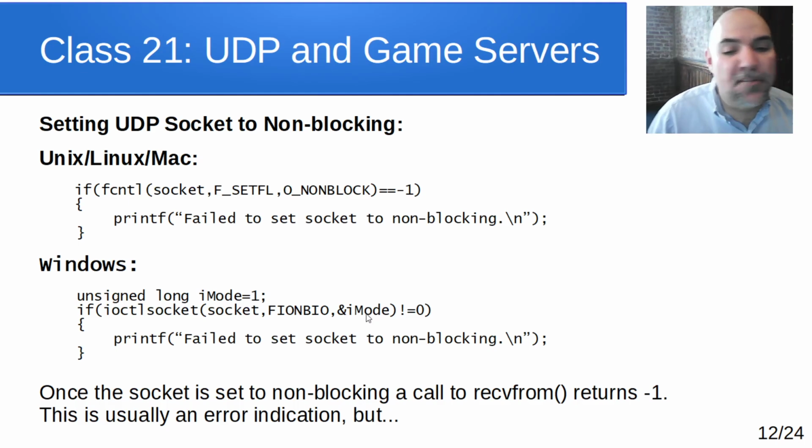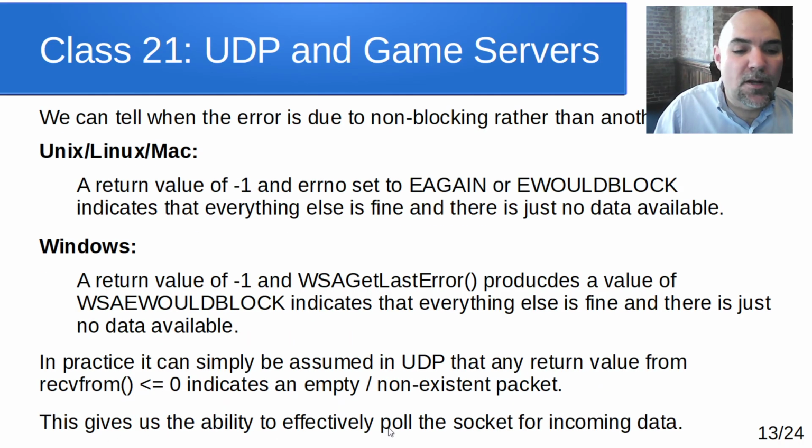But once the socket is set to non-blocking, a call to receive from will return a -1 when there's no data. Now, the return of -1 from receive from would usually mean an error. But in this case, we can tell whether it's due to non-blocking or some other error.